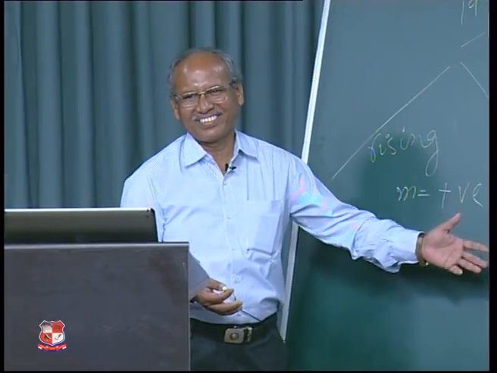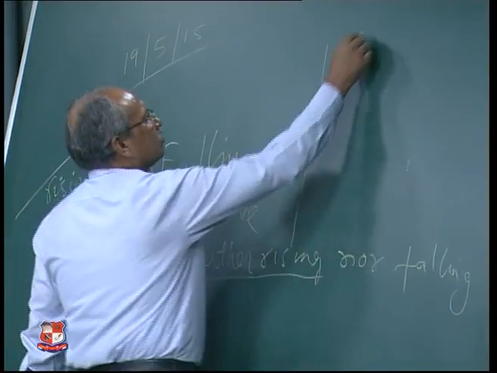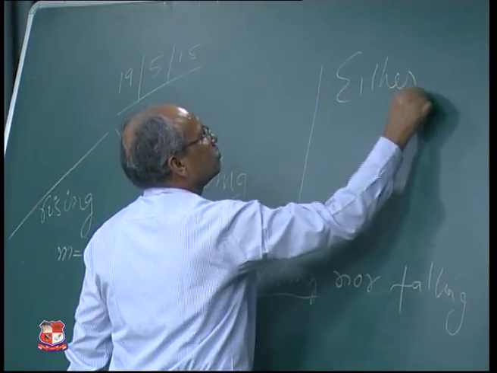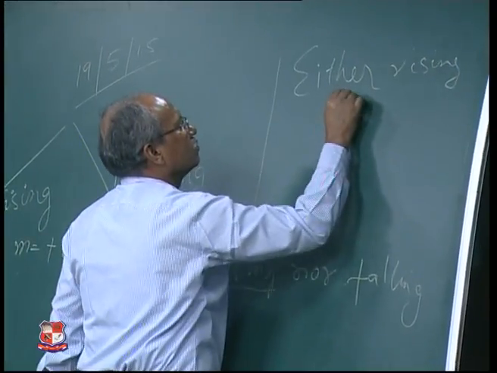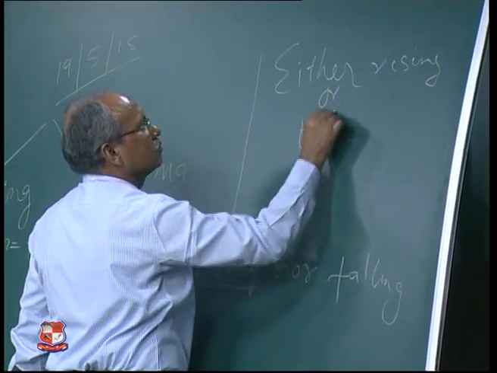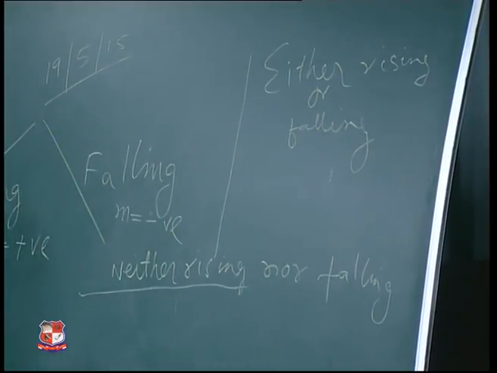So, neither rising nor falling: horizontal line. What will the vertical line be? Vertical line? I can say anything. It is either rising or falling, both are possible, is it not? So these are 2 extreme cases of lines. A line is either falling or rising, that's all.